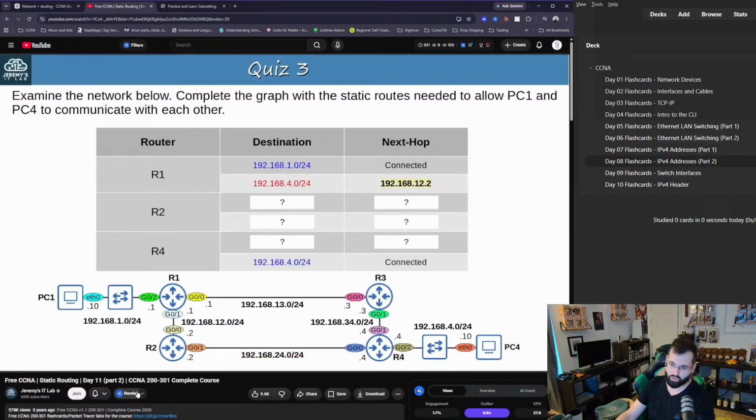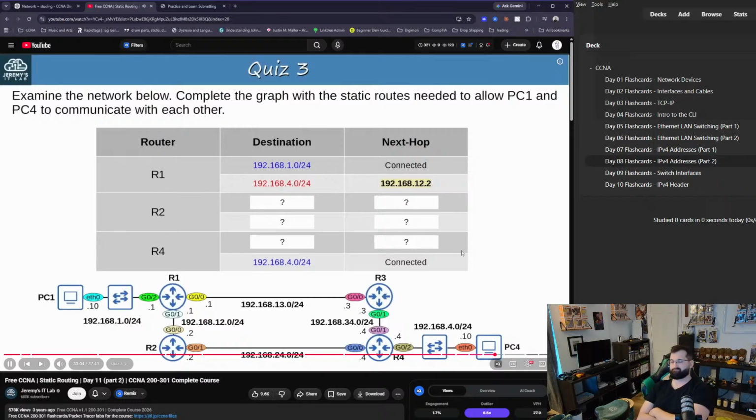And then R2 is going to want to go over here because we're still trying to reach 0.4.0. So that's going to be 32.4. Going back to 0.1.0, and then that's going to be 12.2/24, with 192.168.12.2 as a next hop.